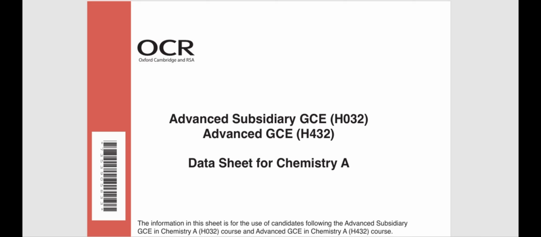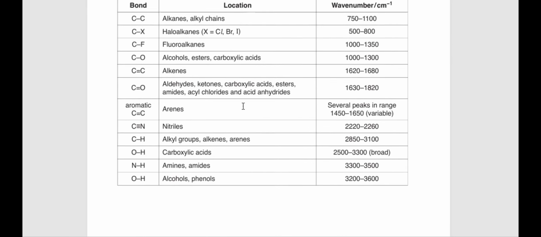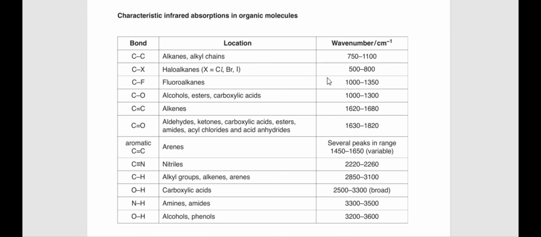So let's look into the OCR data sheet, which will be given in your exam. So looking at the wave numbers, 2200 is nitriles here, and the next one, 2850, contains alkyl groups, and the last one we had, 3200 to 3600, falls in this region, that is alcohols.